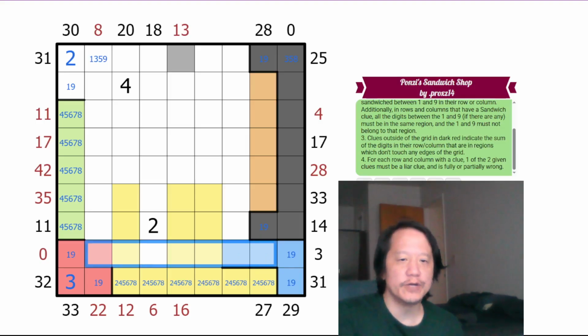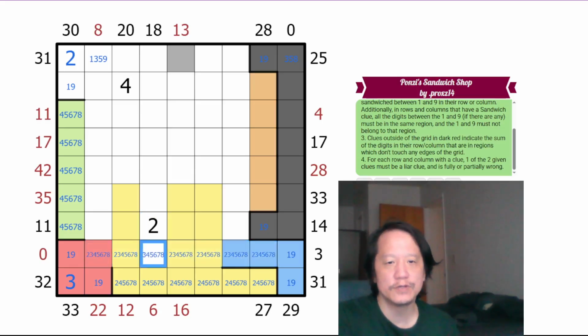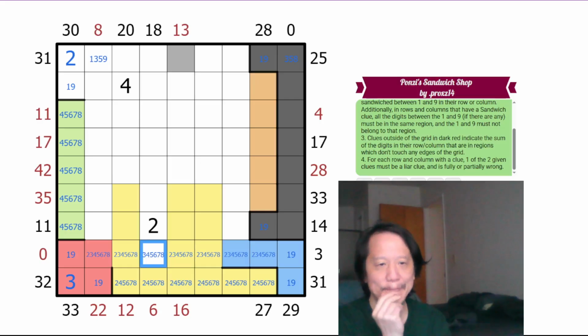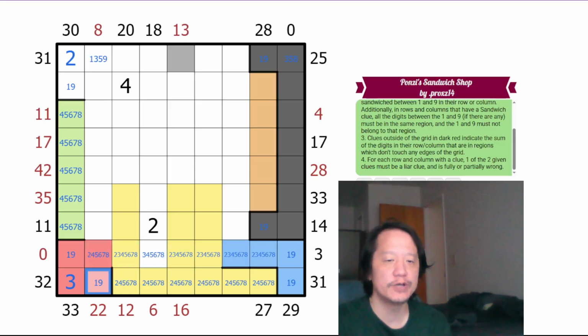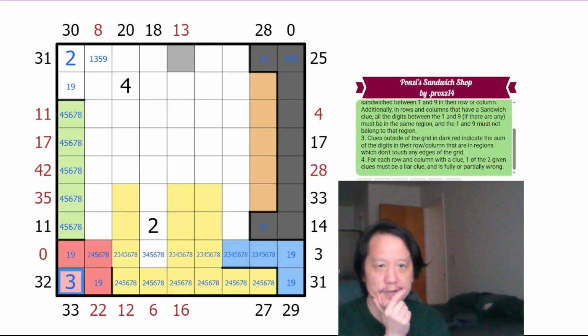Remaining digits of row 8, we have 2 through 8. Obviously no 2 there. This can't have a 3 in it because red already has a 3.